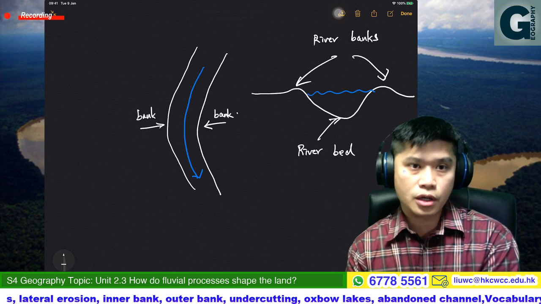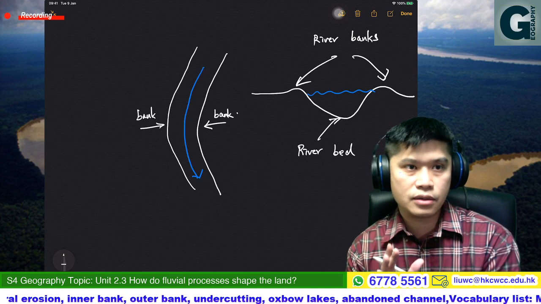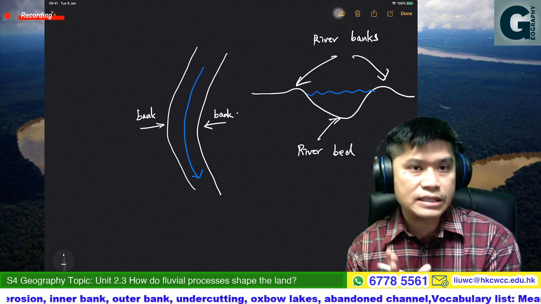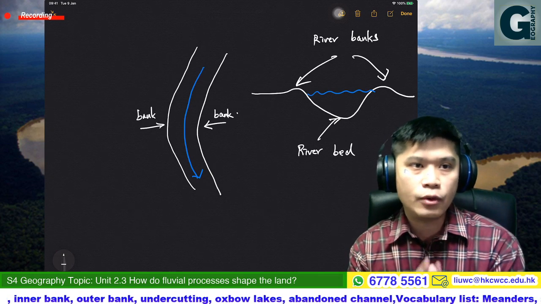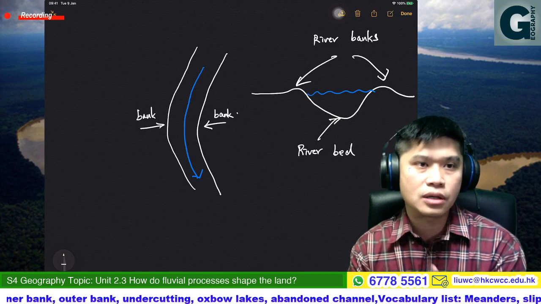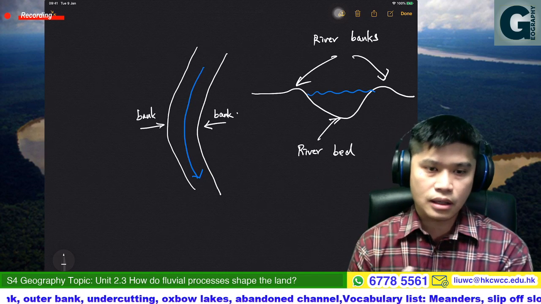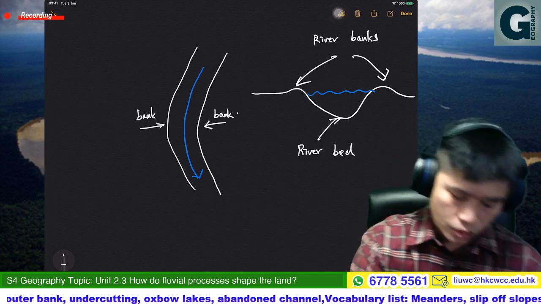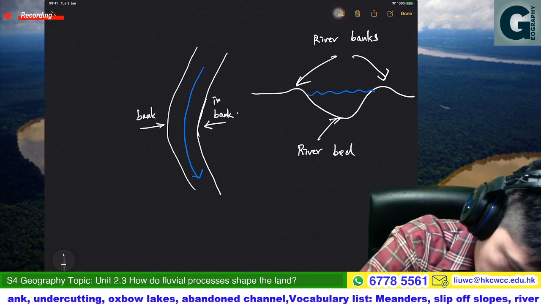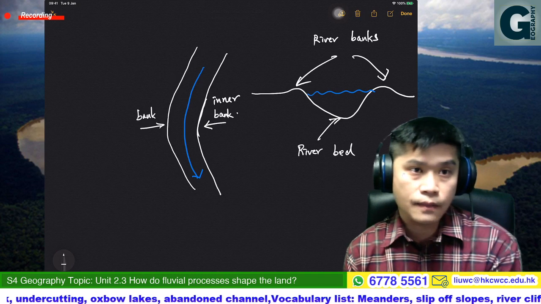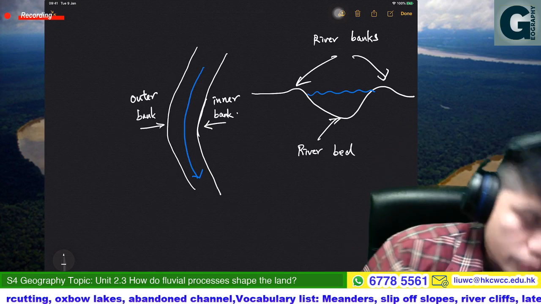However, when we talk about the formation of meander, when we mention the river banks, it is necessary for us to identify where is the outer bank and where is the inner bank. Outer and inner, that is obvious. Here you can see that this is the inner bank, and there on the opposite side, the outer bank.